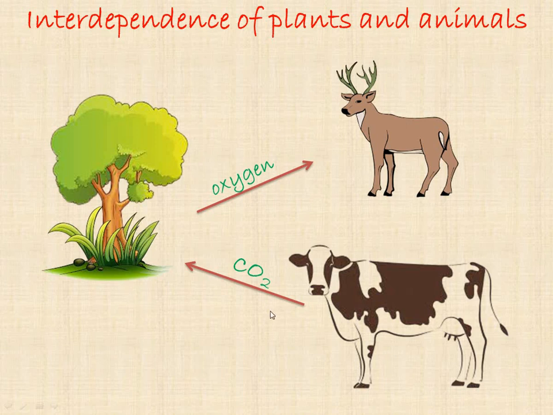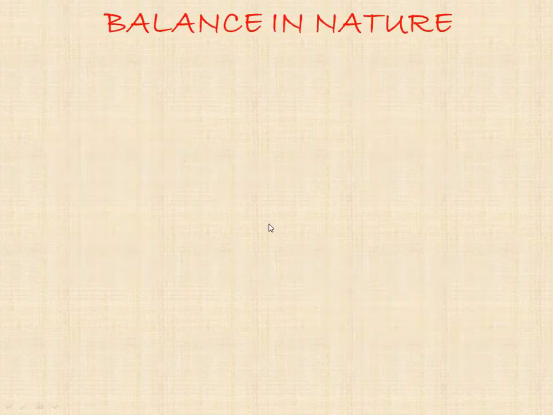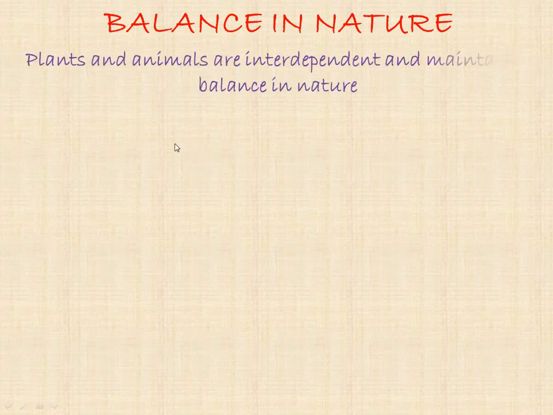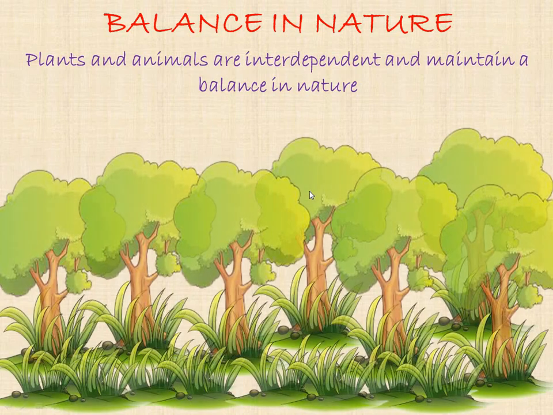Thus, plants and animals depend on each other for their survival. So, this dependency creates a balance in nature. Plants and animals are interdependent and maintain a balance in nature.